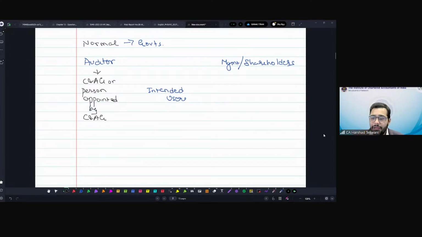Second part is the responsible party. Now, in case of government company, I would not say appointment is done by the shareholders. Government does not do the appointment for us. It is the C&AG who does the appointment. So I remove the word shareholder in case of government company audit.